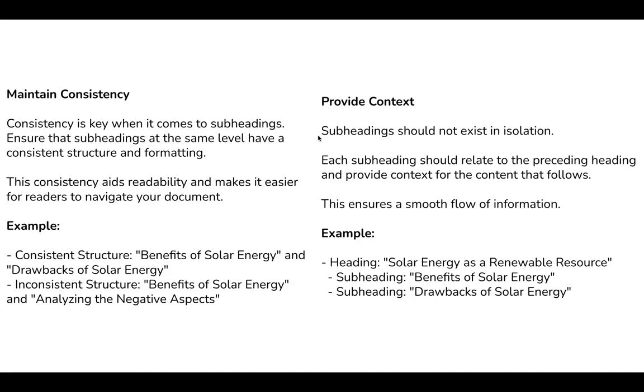So it just makes sense for the subheadings to state the context by adding solar energy, right? Some people might feel like, okay, I'm talking about solar energy, so the reader should know that when I put benefits, they just put benefits as the heading instead of benefits of solar energy.